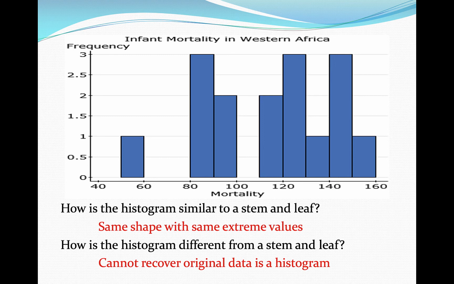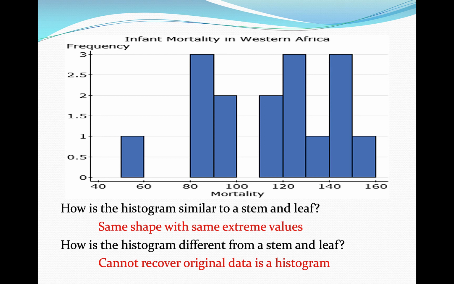Now, at the end of the day, most of the time when we deal with quantitative data, we do a histogram, because with the stem and leaf, if you have a really big data set, for example, it's going to become a mess whenever you create a stem and leaf for that data set. Also, if you don't have data points that fit nice and neat into that leading digits and trailing digits idea, then you're also going to have an issue with setting it up nicely.